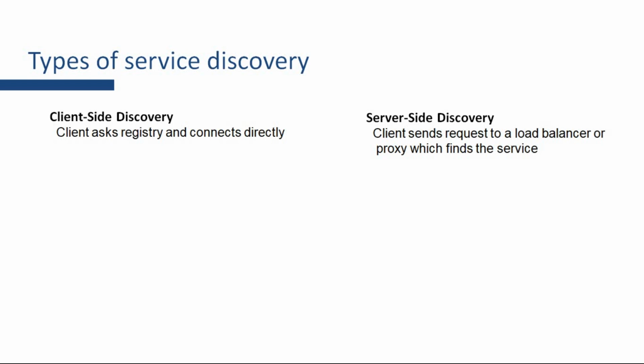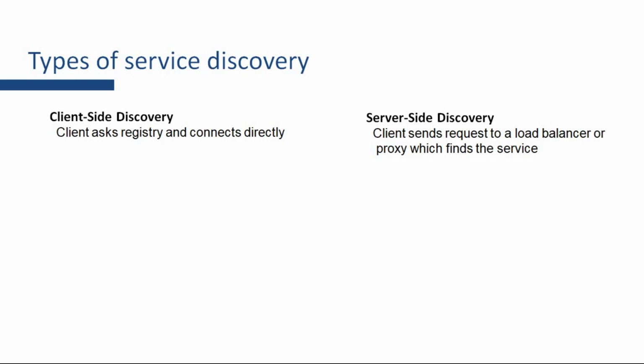In this case, the client just sends the request to something like a load balancer, and that load balancer looks up the registry, picks the right service, and routes the request. Now in more modern setups, we even use something called a service mesh like Istio, which handles discovery, traffic control, security, and even observability all behind the scenes. So yeah, depending on your architecture, you can choose the method that fits your system best.